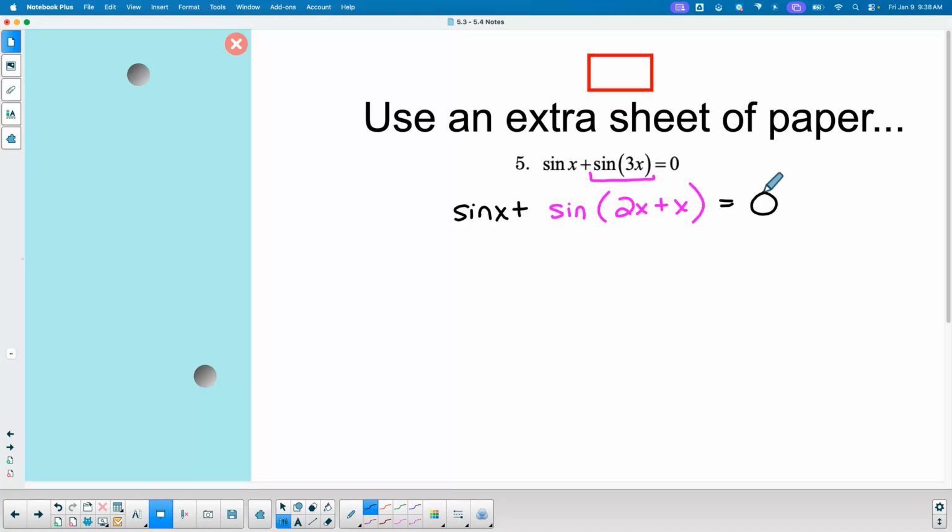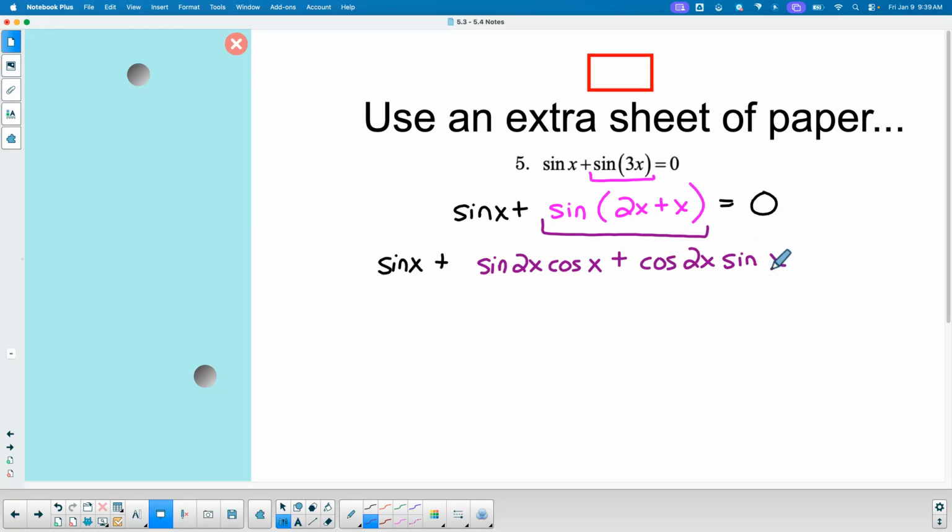Okay. All right. So then this would become, utilizing now identity number 19, the sine of 2x cosine of x plus cosine of 2x sine of x, all of that still equaling 0.